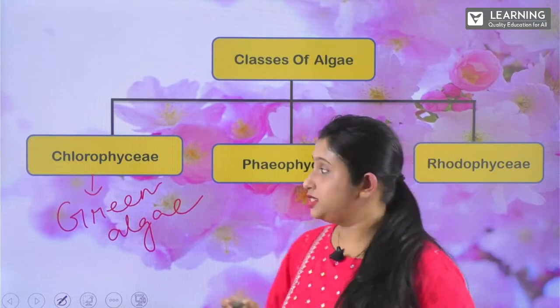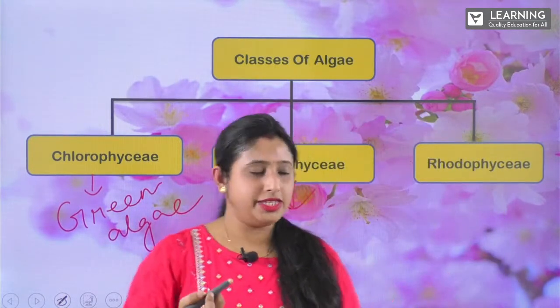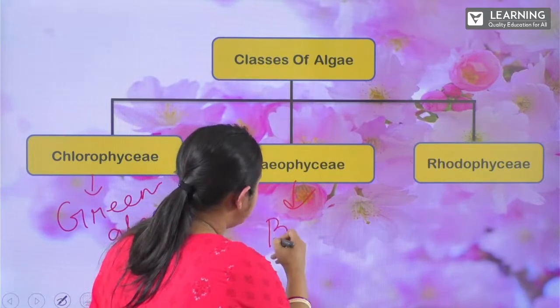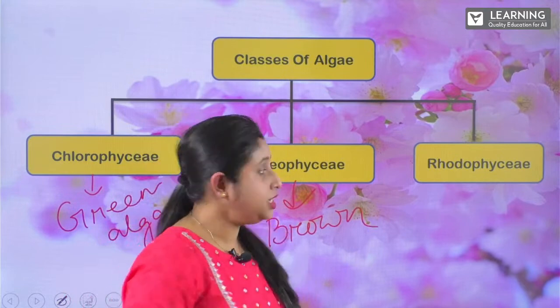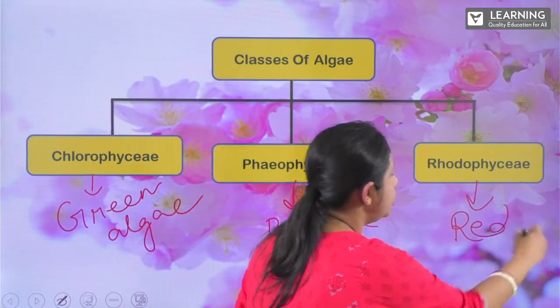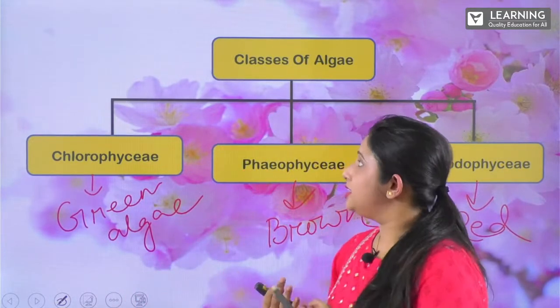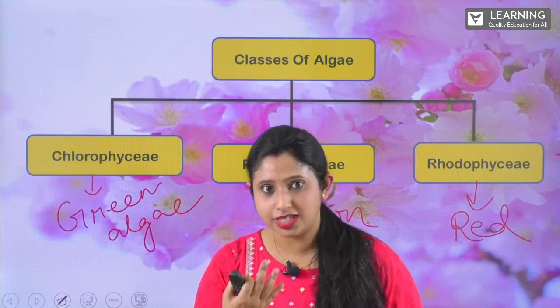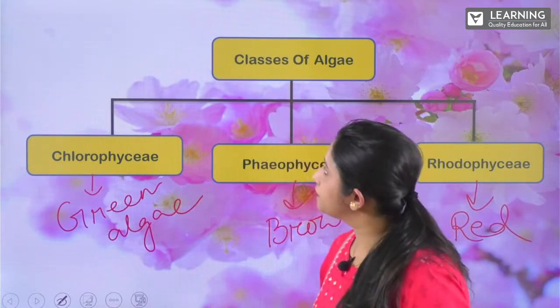The next one is Phaeophyceae, also known as brown algae; it is brown in color. And Rhodophyceae, also known as red algae.